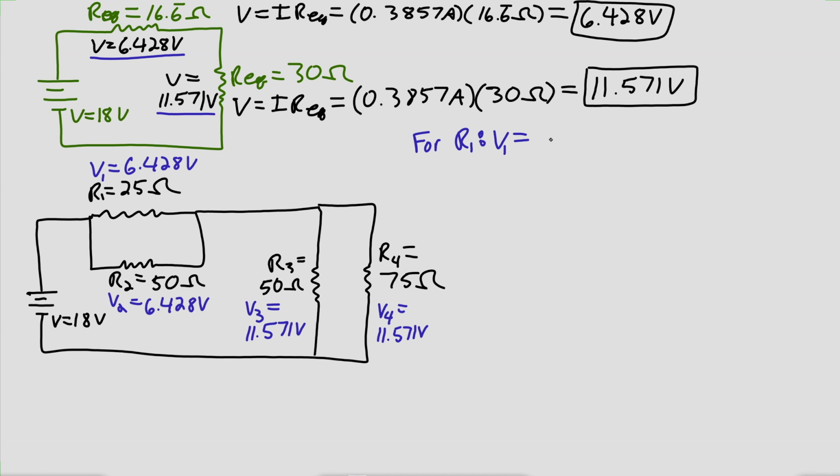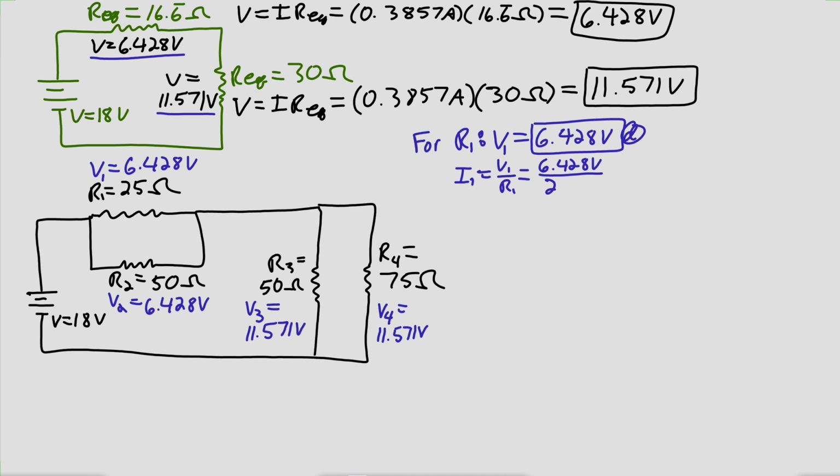So V1 is equal to 6.428 volts. That was actually one of my answers for part D. I'm also trying to figure out the current through this. Well, V equals IR, that means I is equal to V over R. So I1 is going to be V1 over R1. So 6.428 volts divided by the resistance.